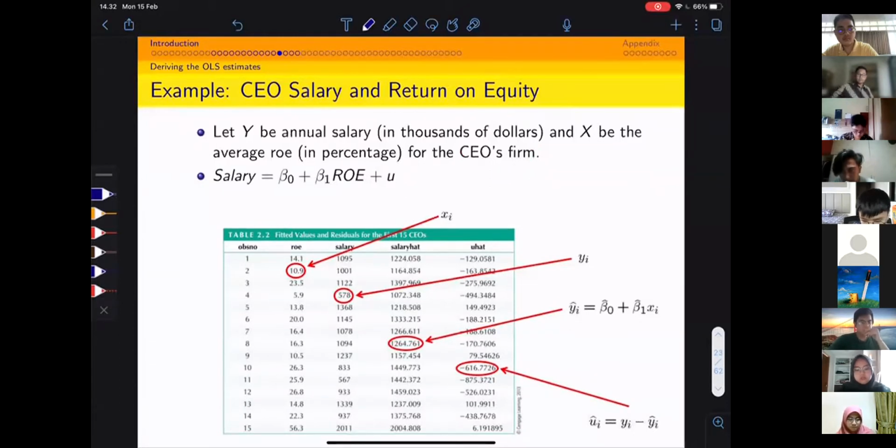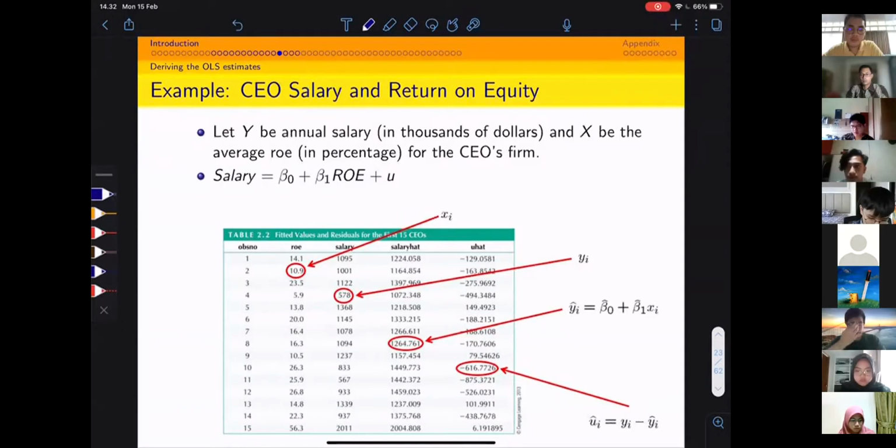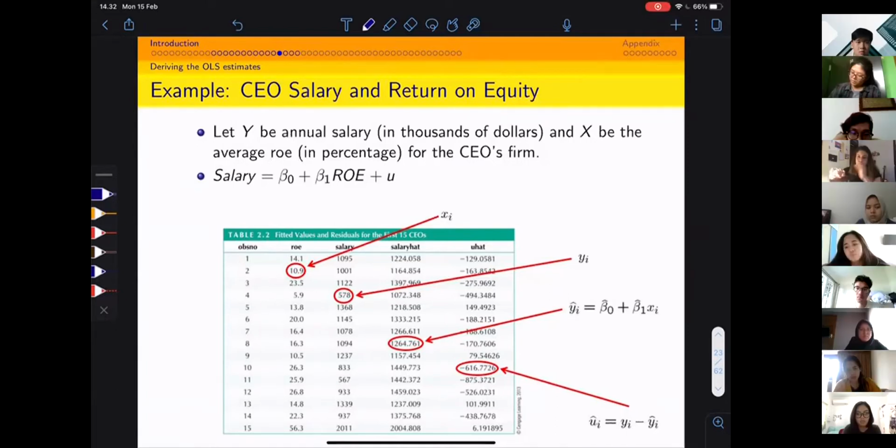Go ahead. Excuse me, sir, may I ask a question? Yes, please. You previously mentioned that OLS is intended to minimize the sum of squared residuals.